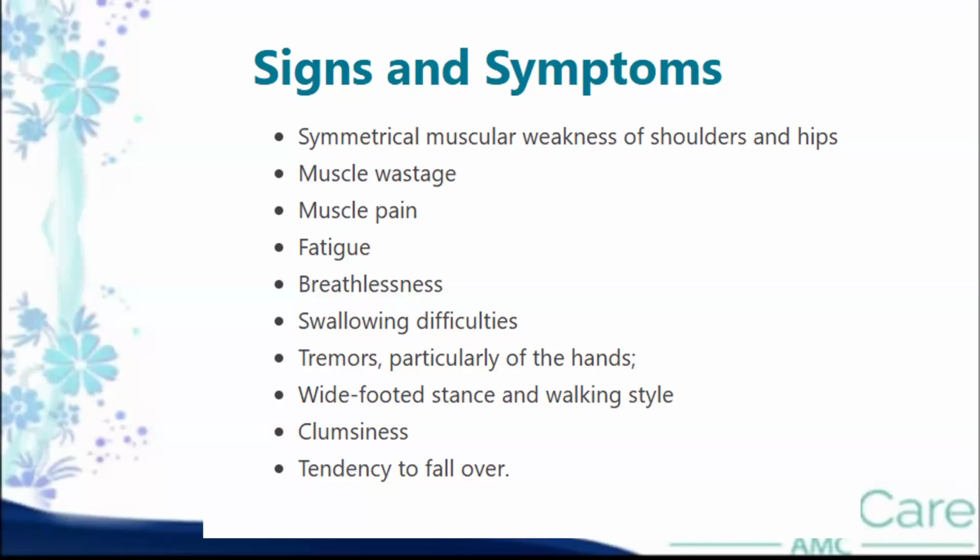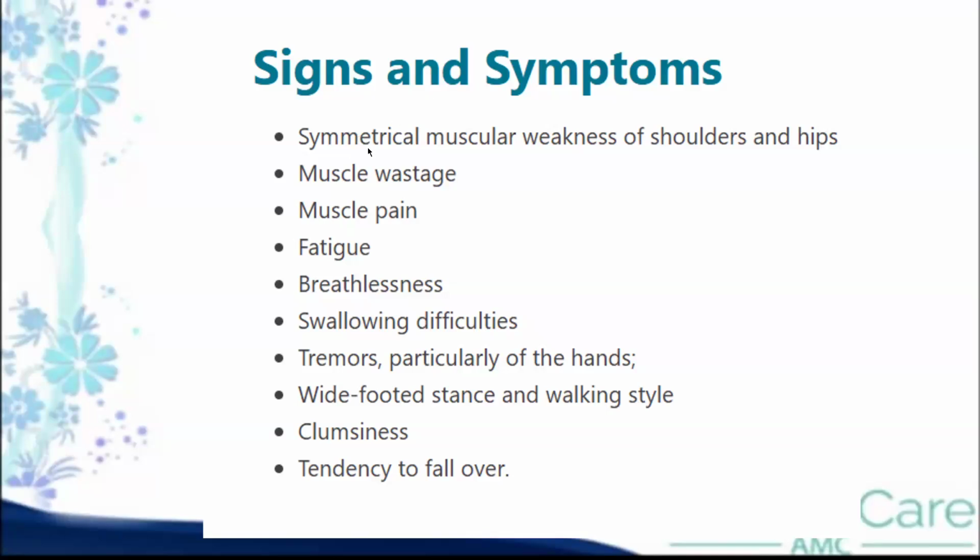Okay, so symmetrical muscular weakness of the shoulders and hips. So what do you mean by symmetrical? It means bilateral, right?